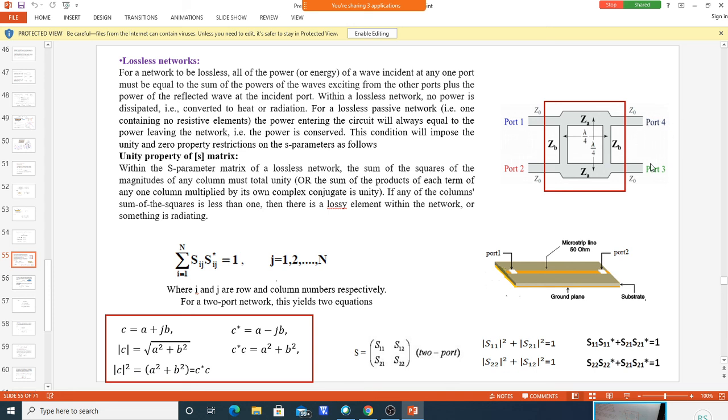The output power here and reflected here is equal to this. Nothing is dissipated in this network. That means it is a lossless network. Whatever the input is, coming out of the ports, no power is dissipated in this network.